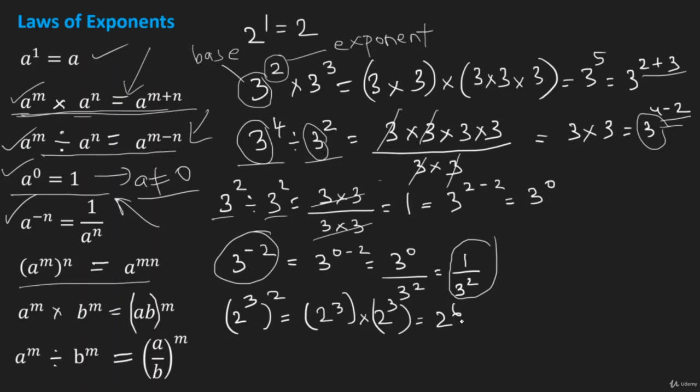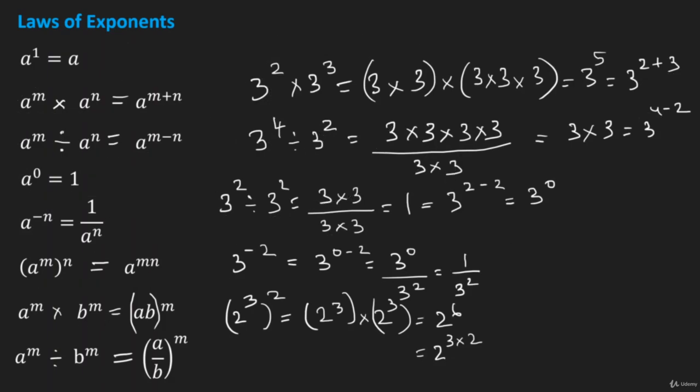And you can note that this 6 can also be obtained as 3 into 2. So when you have a to the power m to the power n, that's equal to a to the power m into n.